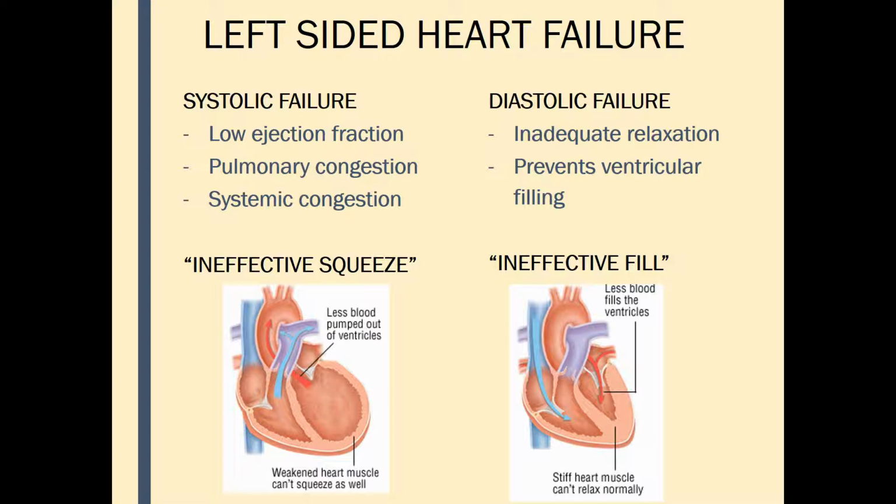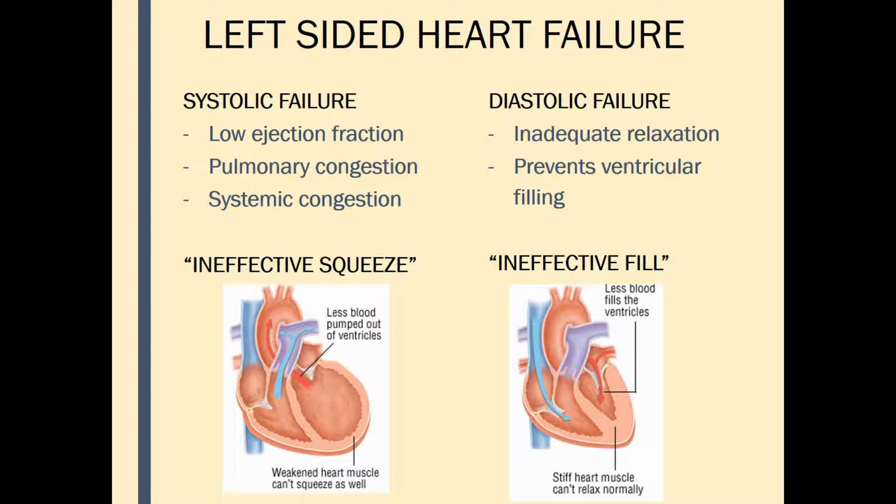So as the left ventricular function fails, cardiac output falls. In systolic failure, pressures in the left ventricle and the atrium increase as the amount of blood remaining in the ventricles after systole increases. And this increased pressure impairs filling, causing congestion in the increased pressures in the pulmonary vascular system.